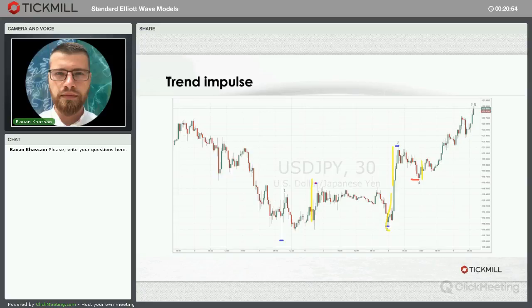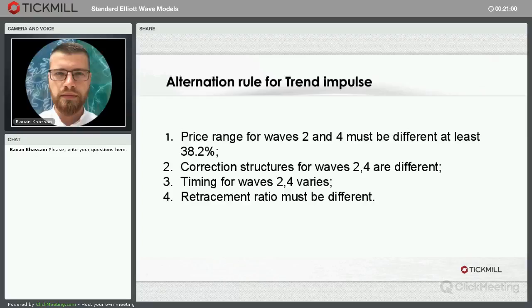So it would be possible for us to return to this question later. At least we can say that in the given example, we definitely apply 2 of 4 regularities of the alternation rule, and this goes as a confirmation for the trend impulse structure.